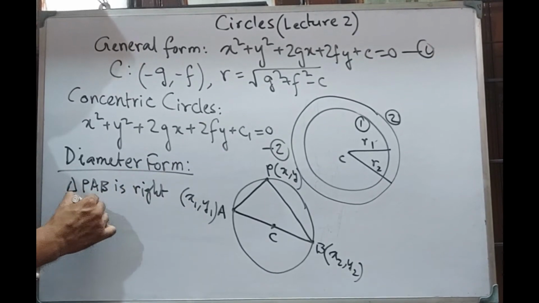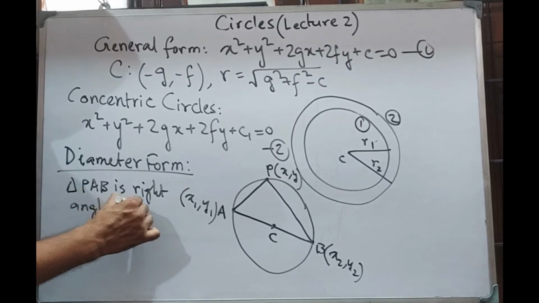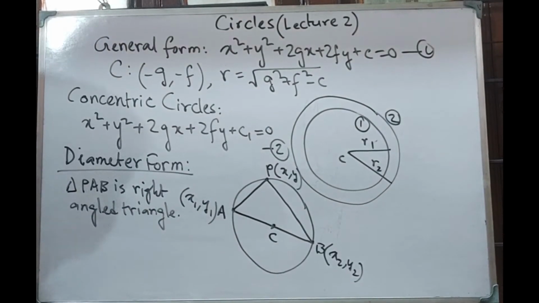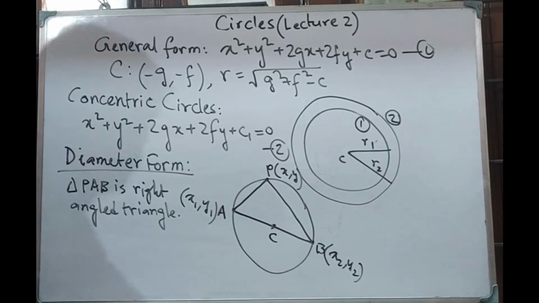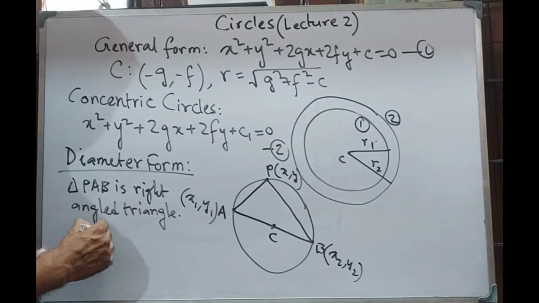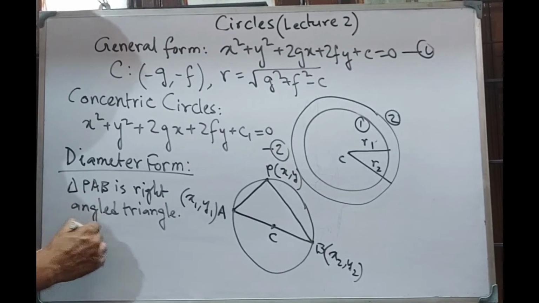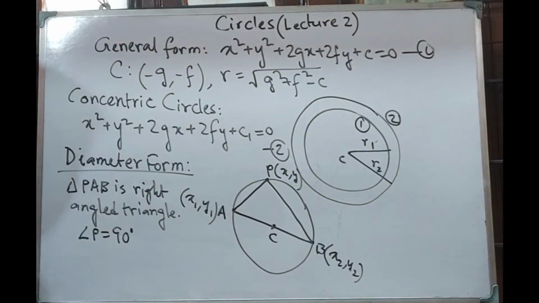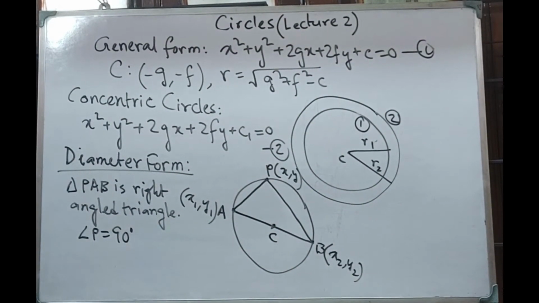And what else can we say if it is a right angle triangle? Since we have the 3 points P, A and B, we can calculate the slopes of the lines AP and PB. Since it is a right angle triangle, obviously here P is the right angle, angle P is 90 degrees. So the product of the slopes of AP and PB will be minus 1.